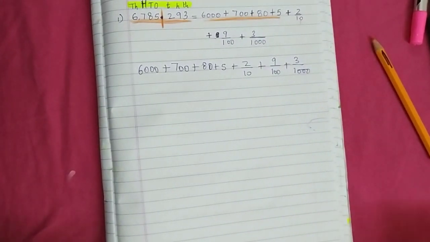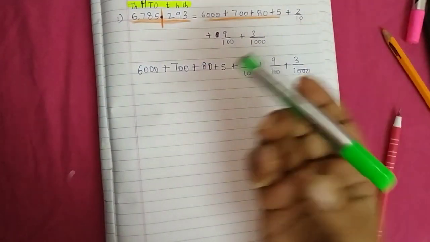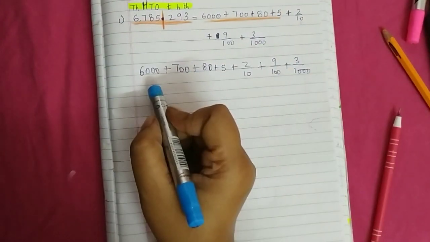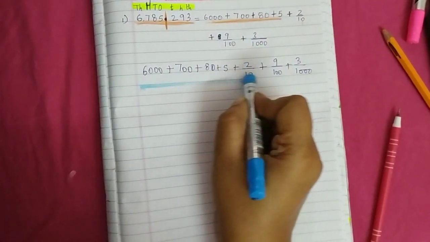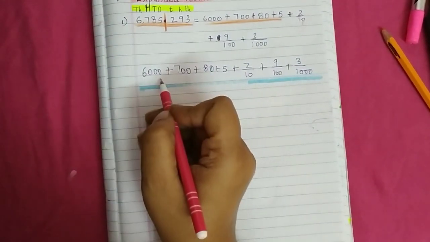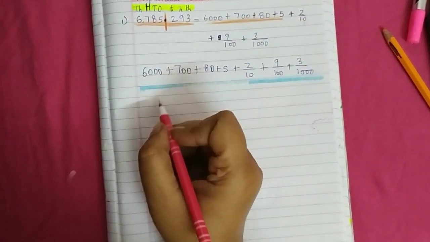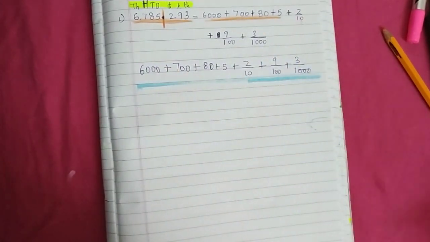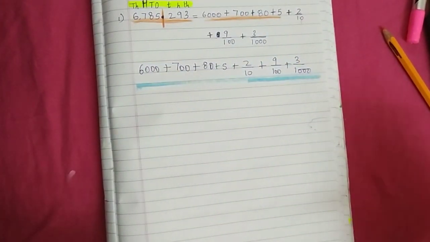This is clear? Now children, we are going to write this expanded form in another way. So this is fractional, this is fractional. This form is what, children? Fractional form. Okay.